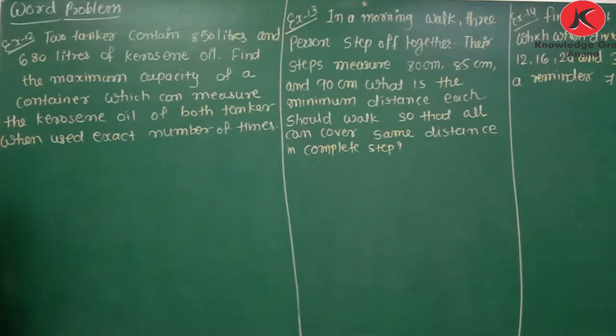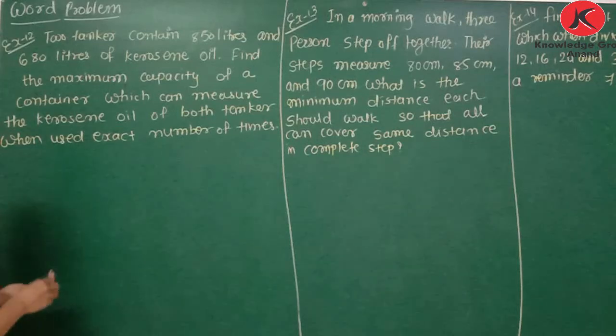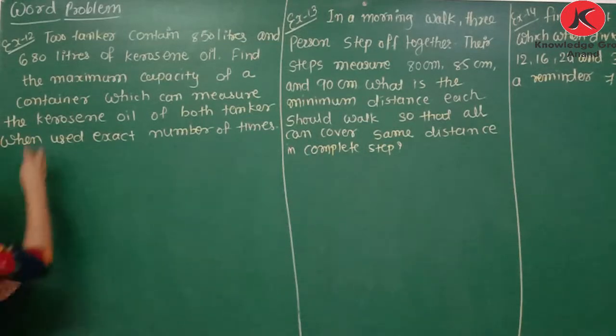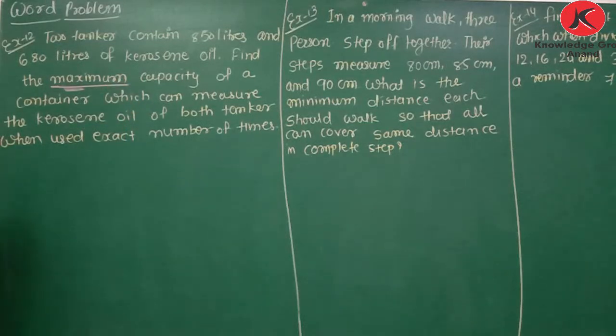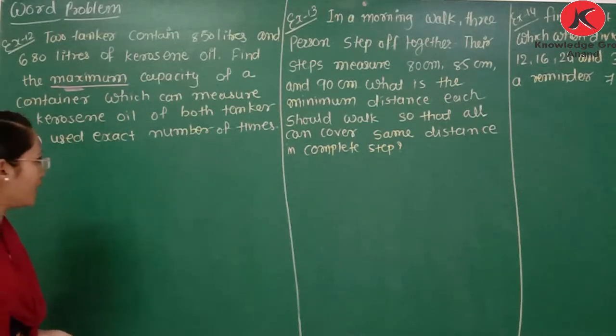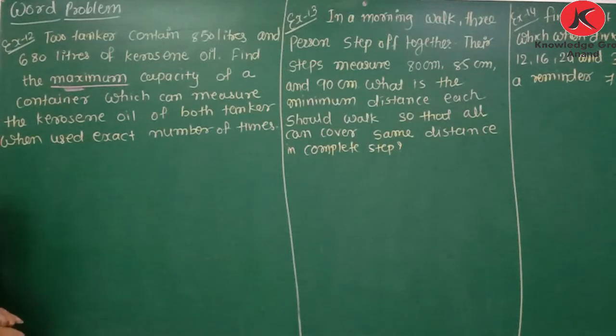Now, the first word problem is: 2 tankers contain 850 liters and 680 liters of kerosene oil. Find the maximum capacity of a container which can measure the kerosene oil of both tankers an exact number of times.